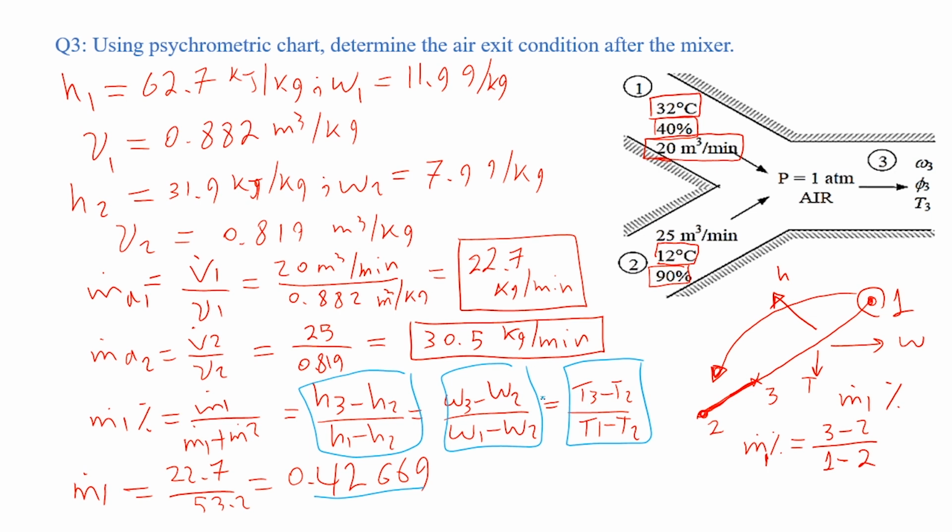So in this case, this number will equal the H ratio, the omega ratio and the T ratio. From each one we calculate one value. From the first one we calculate H3, from the second one we calculate omega 3, and from the third one we calculate T3. So H3 will equal 45 kilojoule per kilogram. Omega 3 will be 9.6 gram. T3 will be 20.6 degrees Celsius.